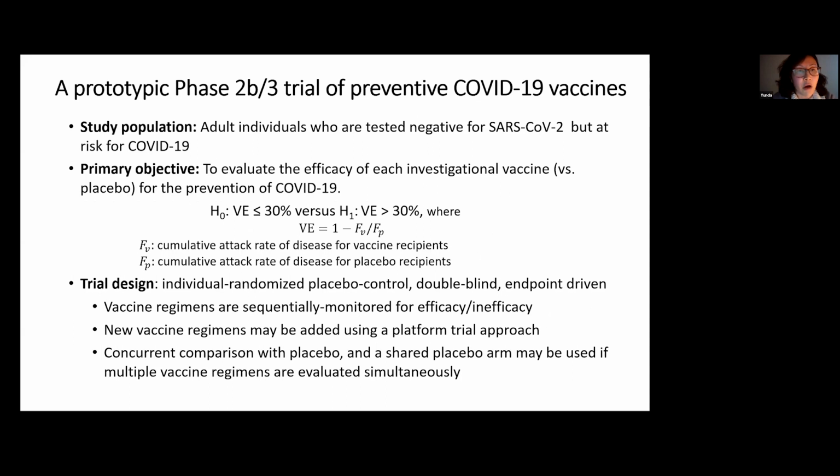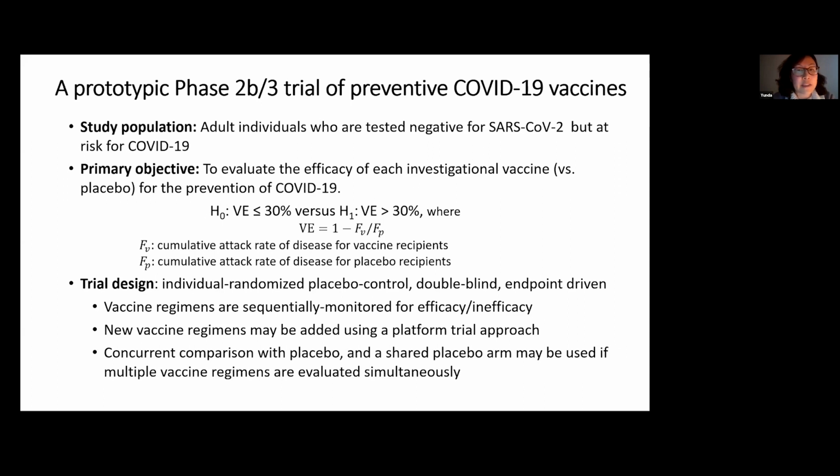In the core protocol, we specify the study population would be adult individuals who are testing negative for SARS-CoV-2 but are at risk for COVID-19 disease, because the primary endpoint is COVID-19 disease. The primary objective is to evaluate the efficacy of each vaccine against placebo for the prevention of COVID-19.